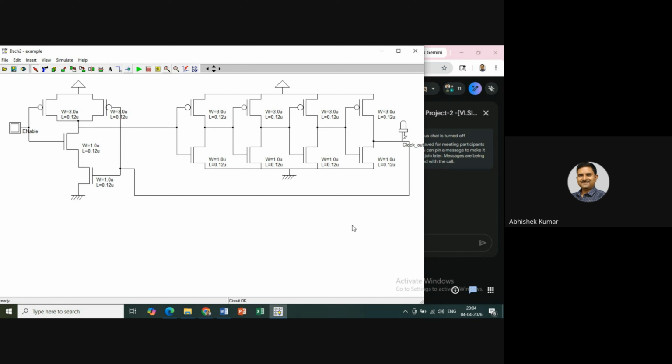So this is the intent of today's discussion, where I focused on the learning behind the CMOS ring oscillator.